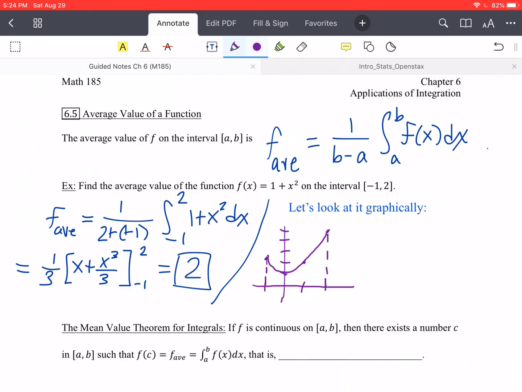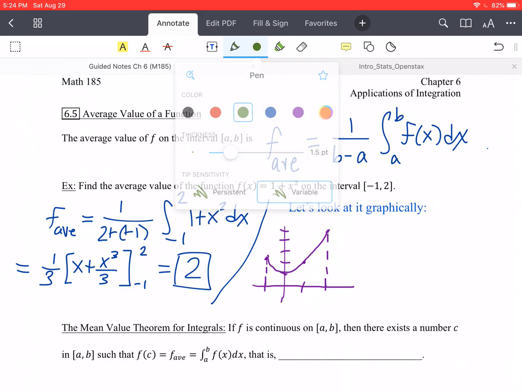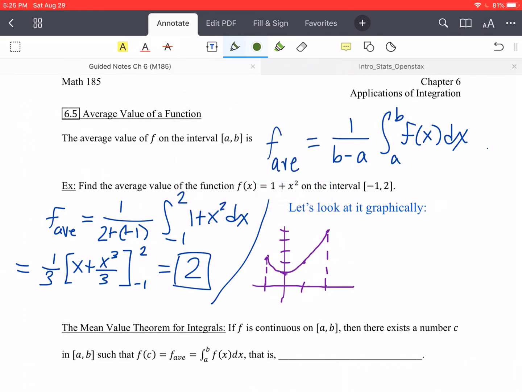We're going to be looking at its area in just a second, but I also want to draw the average value we said was 2. That's right there.